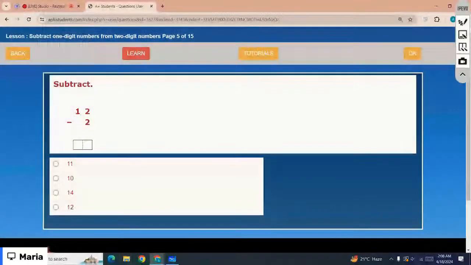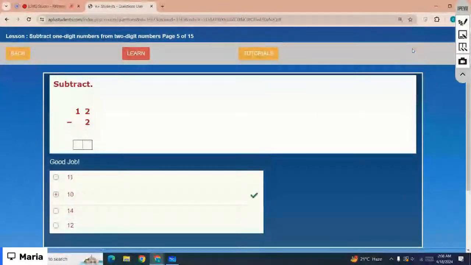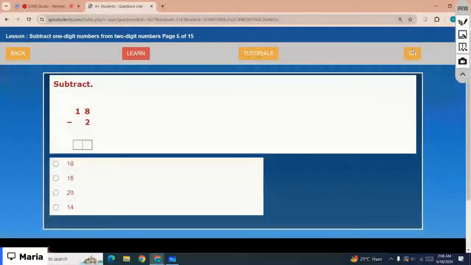The correct option is very good, 10. 12 take away 2 is 10. Next, 18 take away 2, which is the correct option?